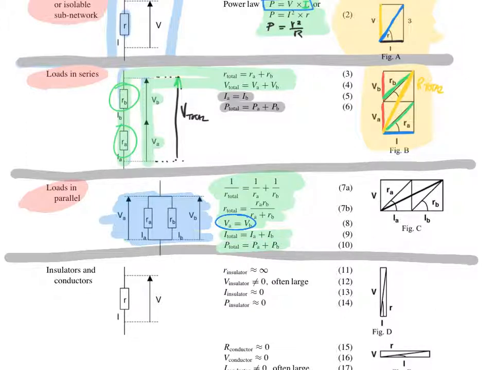So this is a potentially sticky point, so let's think about that, because everything else is different, series and parallel, except for power. And that's because power is just energy per unit time. So if there's current flowing through something, it has a power value associated with it, and it's its own thing.